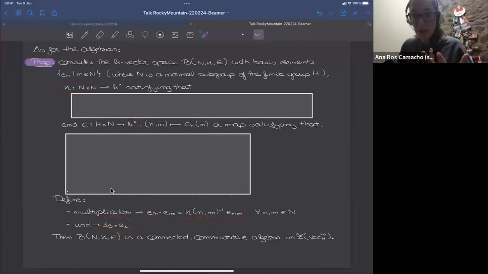Well then, actually this is super nice. It's a connected commutative algebra in the Dijkgraaf-Witten category of H.